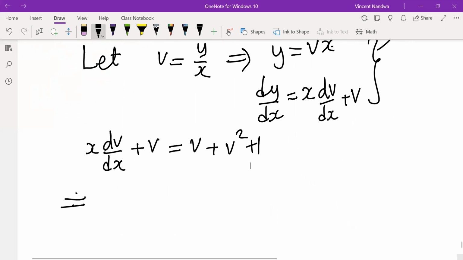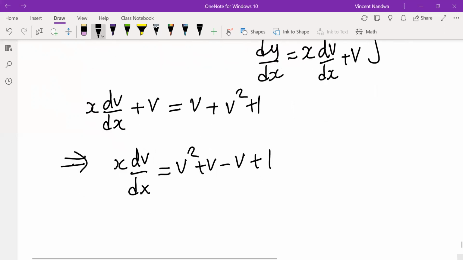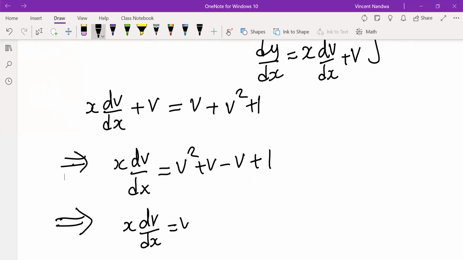So this tells us that x dv/dx equals v squared plus v minus v plus 1. I've taken this one to the right-hand side. v minus v is 0. So this implies x dv/dx equals v squared plus 1.